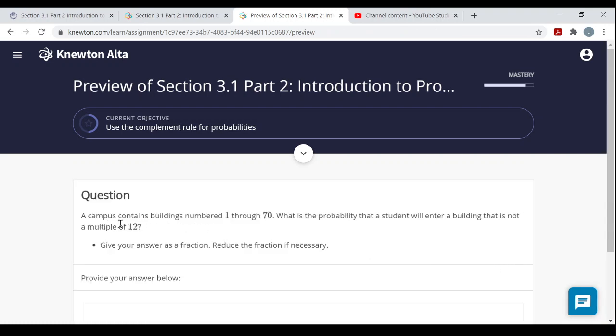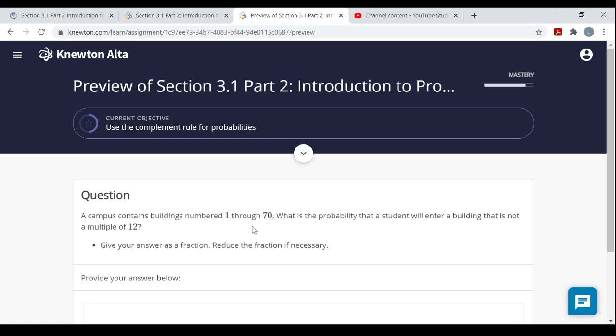Here, a campus contains buildings numbered 1 through 70. What is the probability that a student will enter a building that is not a multiple of 12? And this time it asks us to reduce the fraction. Sometimes it didn't, and you could get away without doing it.